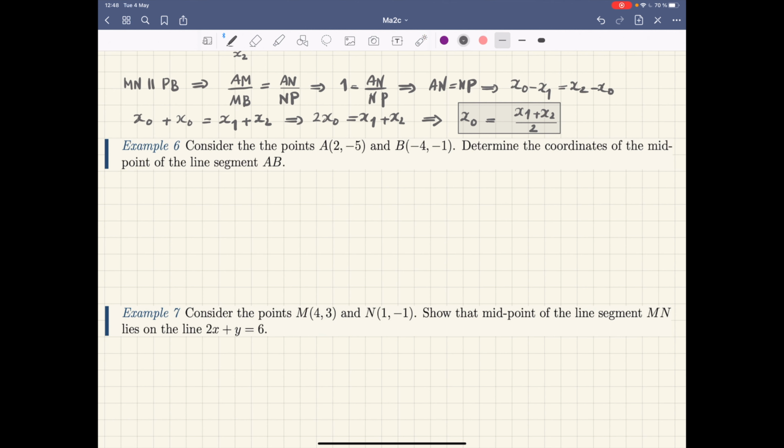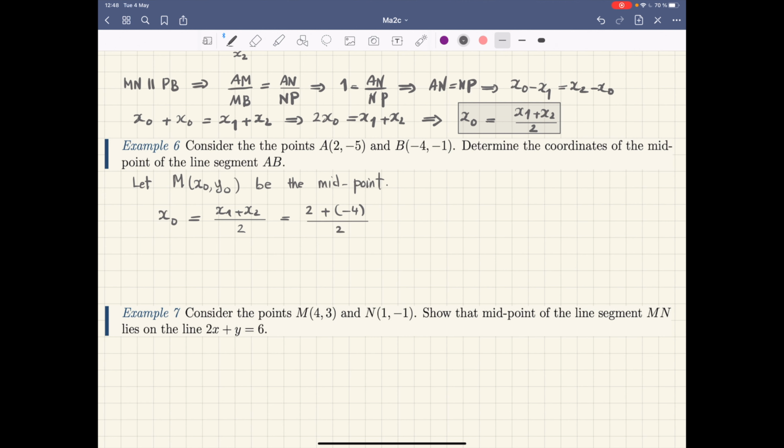So how should I solve the problem? It's simple. So I would say that let M with coordinates x node and y node be the midpoint. Okay, so what is x node? We just learned the formula. It is (x1 plus x2) divided by 2. But x1, you can just read it immediately. It is 2 plus, it doesn't matter, by the way, which one is x1 and which one is x2, minus 4.